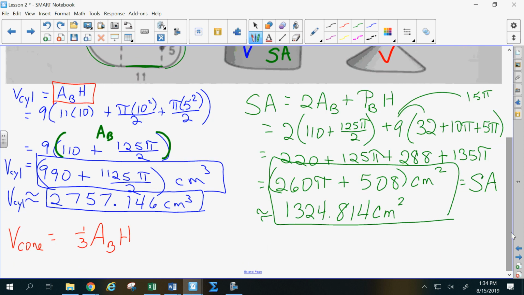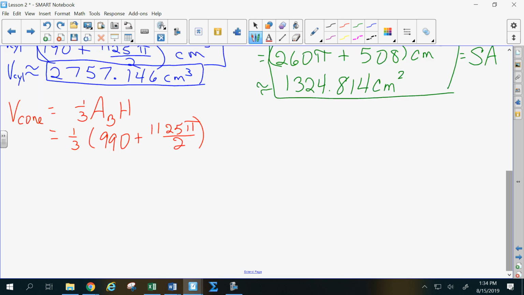We're not going to reuse a rounded number. We're going to take 1/3 times the 990 plus 1,125 pi over 2. We are going to distribute the 1/3. So this part's easy, 330. 1125 is divisible by 3. 3 goes into 11 3 times, into 22 7 times, into 15 5 times.